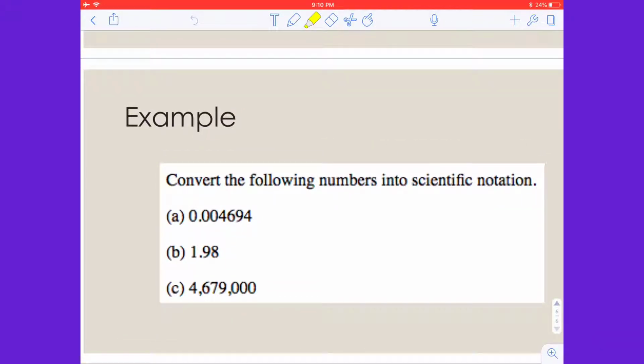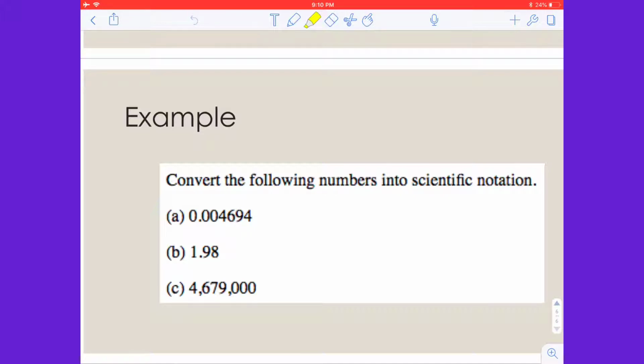So I encourage you to attempt to solve these final examples, and you can pause this video as I will provide you with the solutions. So looking at letter A, I have 0.004694, and I want to get my decimal in between the first two significant values. Those zeros are non-significant, but that 4 and the 6 would be my first two significant values.